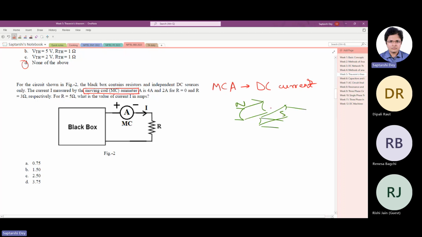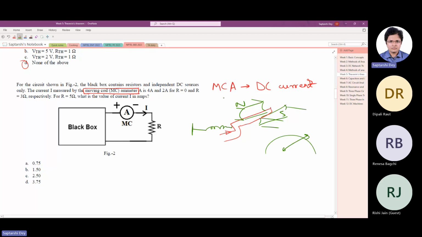That's why it's a moving coil. And the load current that you are trying to measure flows through this coil and it gets a torque, but it does not keep on rotating like a DC motor because the coil is stopped by a spring and the coil is also connected to a pointer so that the pointer moves on the dial and you get to see the current or get to measure the current.